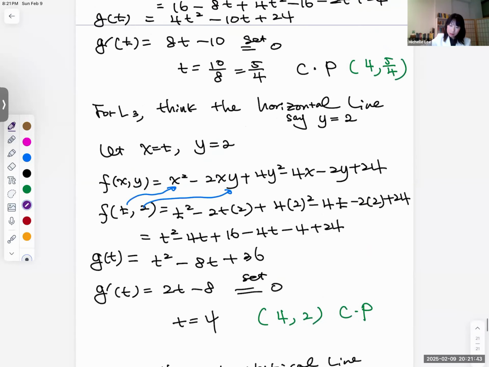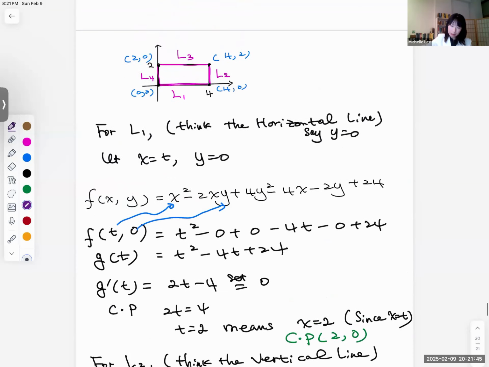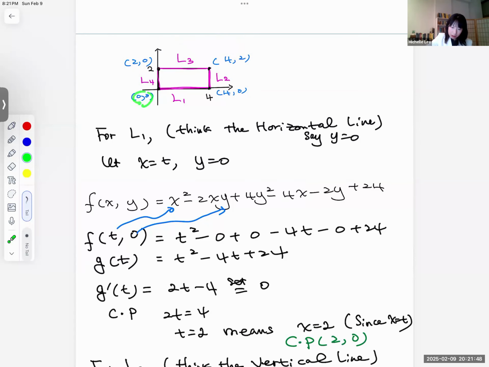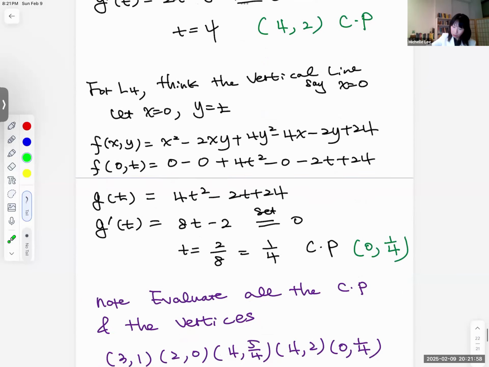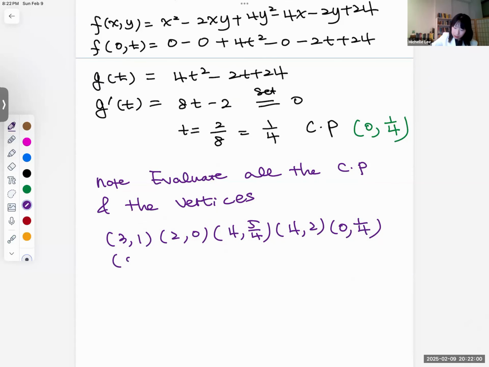Vertices, we have 0, 0, 4, 0, 2, 0, 4, 2. Yeah? 0, 0. Vertices, 0, 4, and 2, 0.